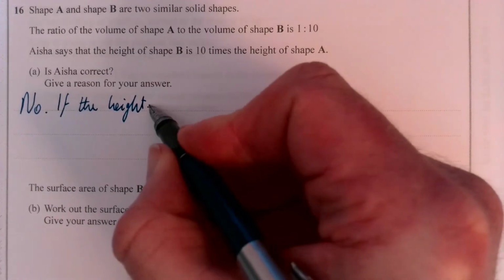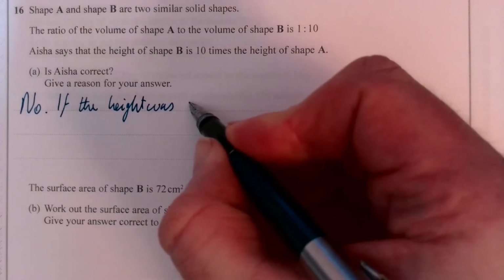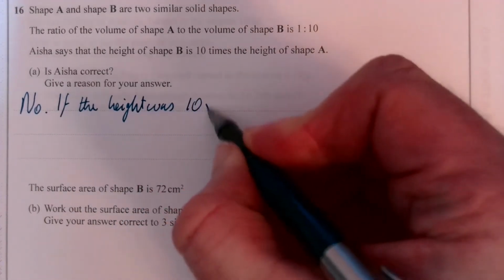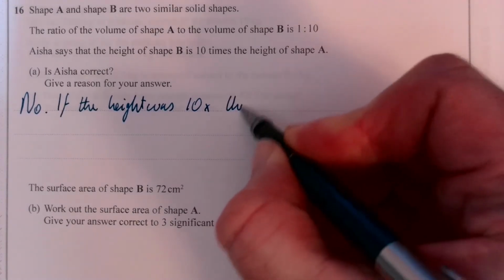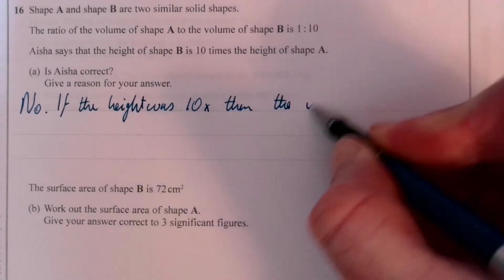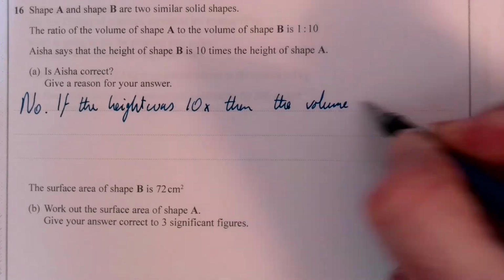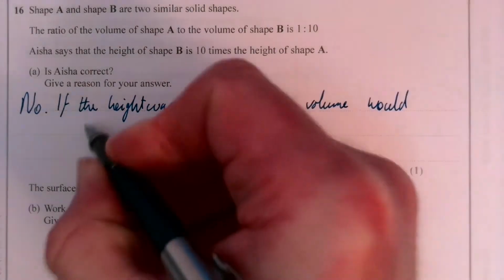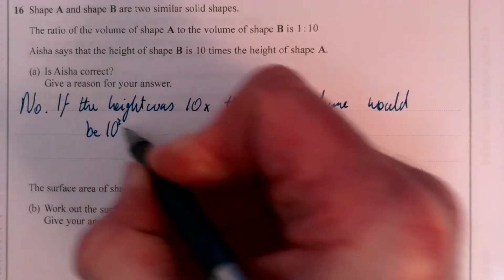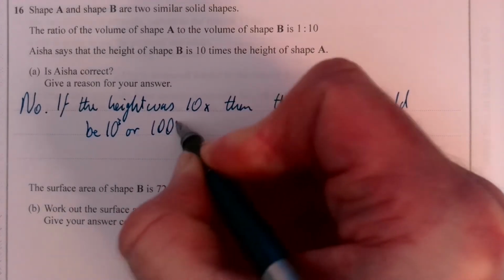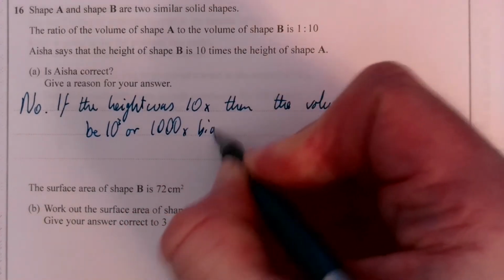If the height was 10 times, then the volume would be 10 cubed, or 1,000 times bigger.